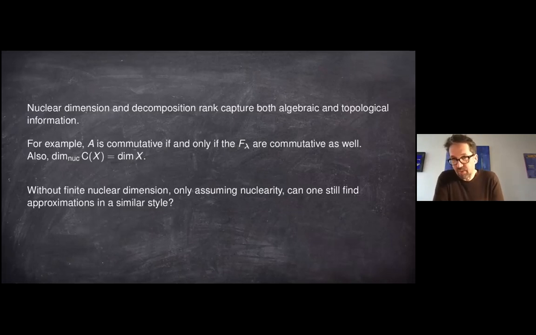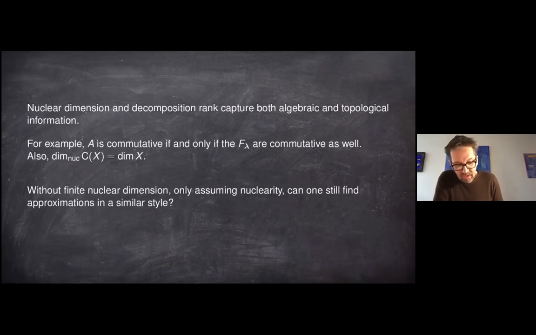But this is a property that a C-star algebra may or may not have. Even a nuclear C-star algebra need not have finite nuclear dimension. It need not be Z stable, and a topological space need not be finite dimensional. That's just how it is. It's nobody's fault.